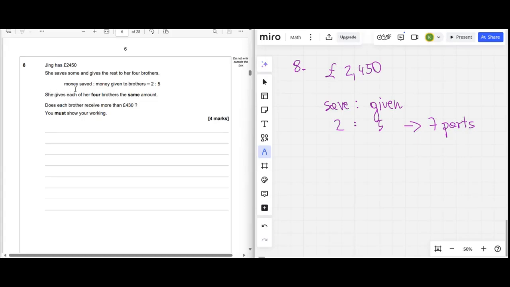She gives each of her 4 brothers the same amount. Does each brother receive more than 430? Show your work. All right. So how much money did she give away?